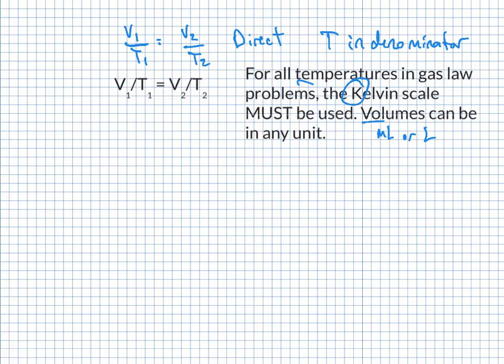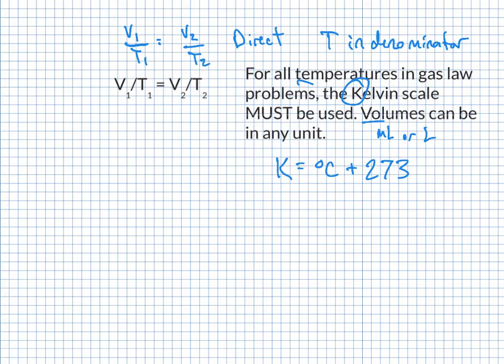Now, they are normally going to give you Celsius, and you will have to convert it to Kelvin. We've done this last year, and remember the formula is Kelvin equals degrees Celsius plus the magic number of 273. And while that is on the AP formula sheet, that just needs to be automatic for you. You should never have to look that formula up.